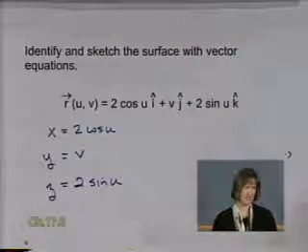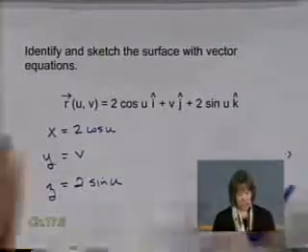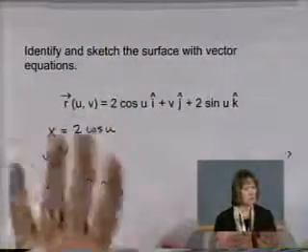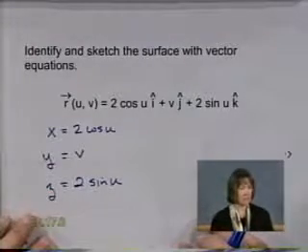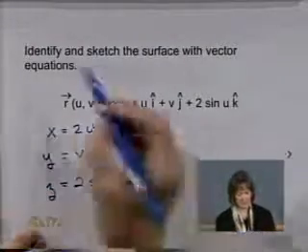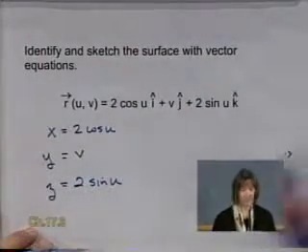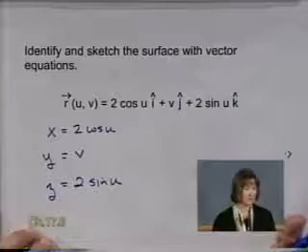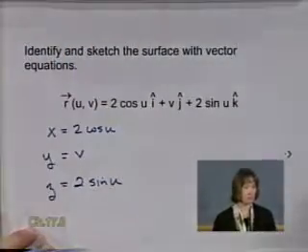But in terms of cylinders and hyperboloids, I don't think you really can picture that at this point, right? So we're going to look at this and say, could we rewrite this in terms of x, y's, and z's? And then maybe we can represent what it looks like. Because it says identify and sketch the surface. I mean, we could pick different values for u and v and look to see what it looks like, but no. We're going to try to tie it to something that we knew from before.